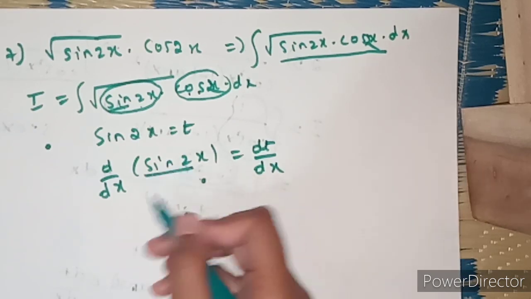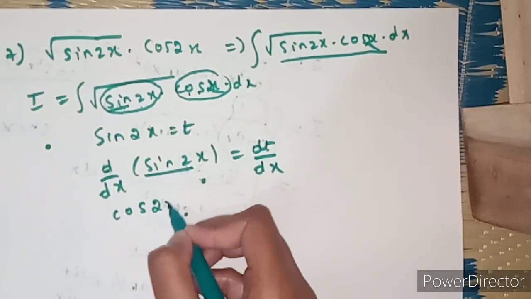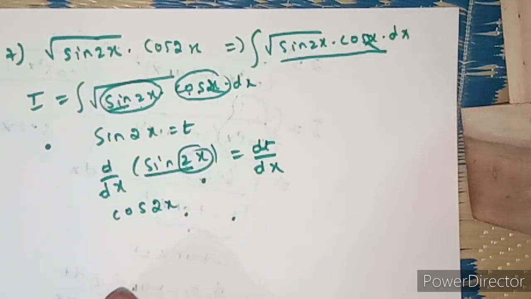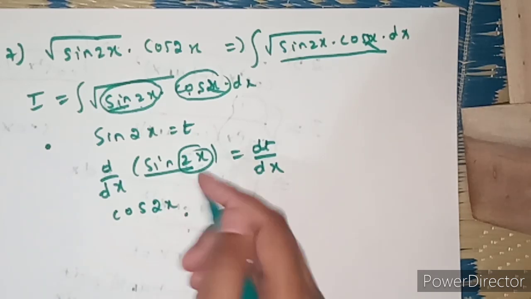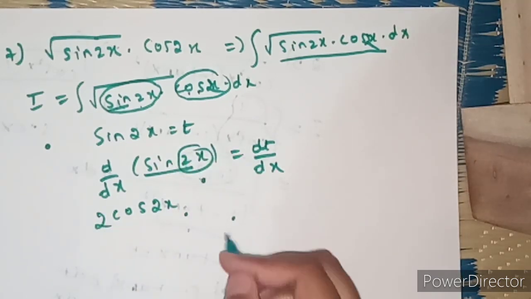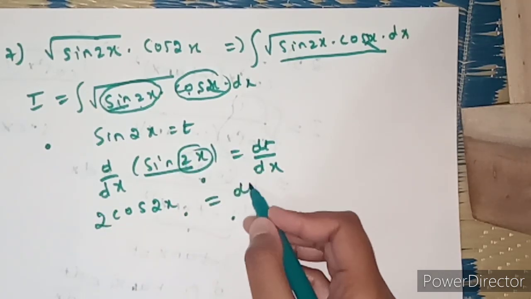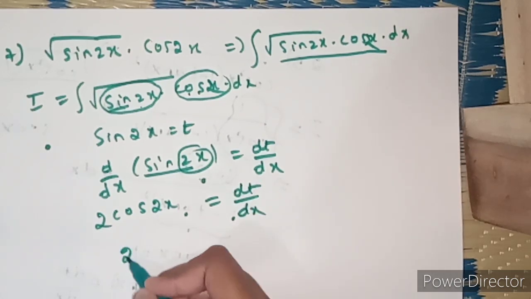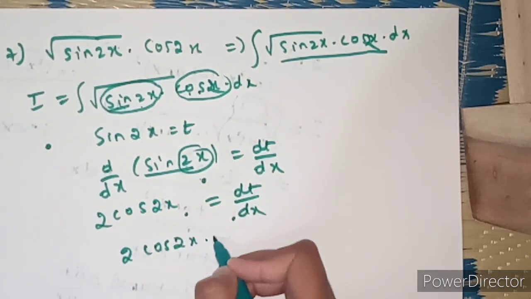Derivative of sin is cos 2x. In place of x we have 2x. Derivative of 2x: take 2 outside, and derivative of x is 1. So 2 cos 2x into dx is equals to dt.